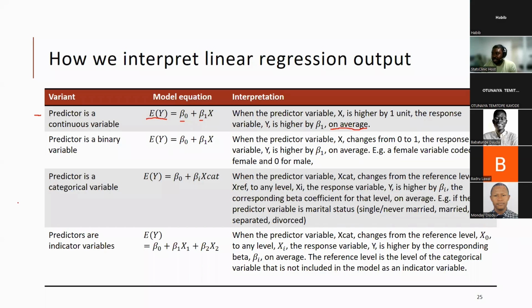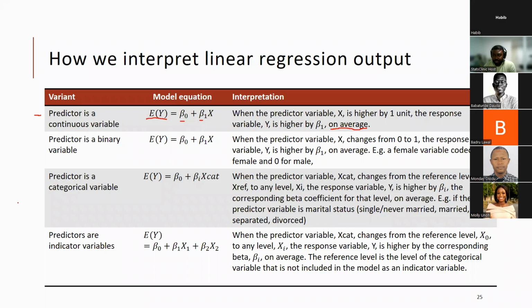Hello, sir. Yes, please go ahead. The beta naught is when it's a male. When it's a male. Why is that? Since it's a binary variable, the male is 1 and the female is 0.